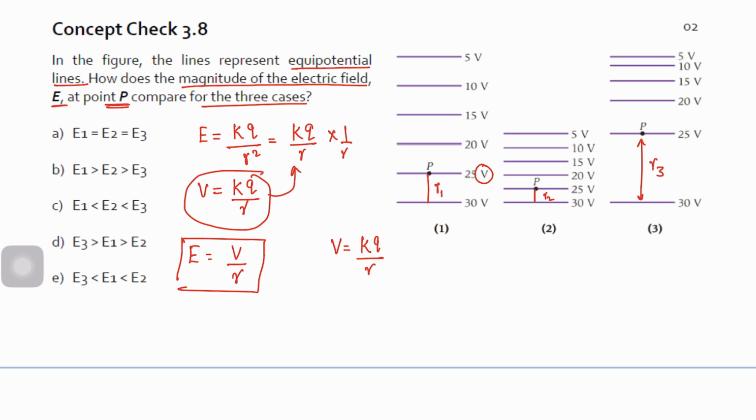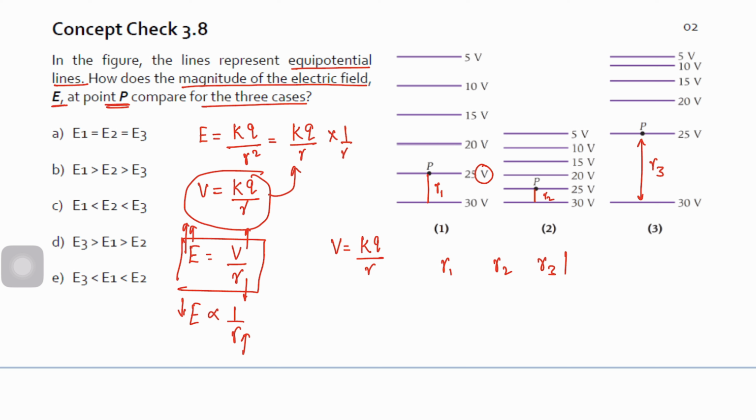Yes or no? So if the potential is higher, electric field is higher. And if the distance is low, electric field is high. Electric field is inversely proportional to R in terms of voltage. Yes or no? If distance is high, electric field is low. So you can see R1, R2, R3.